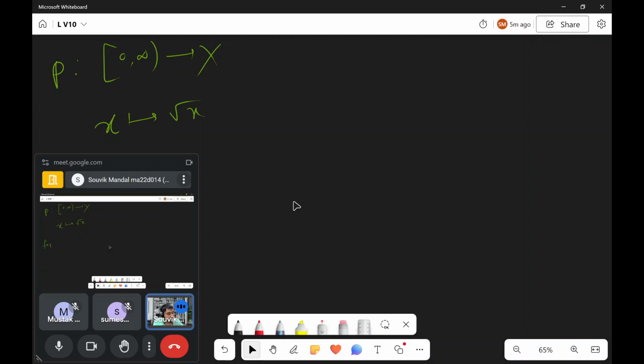And then f composite p of x is equal to f of (root x, 0), which is nothing but root x square plus 0 square, which is x. So this says that f composite p is equal to identity of [0, infinity).